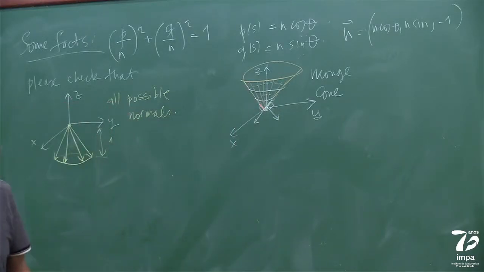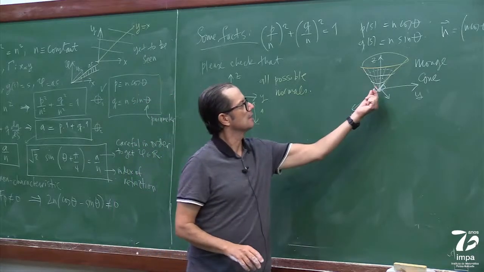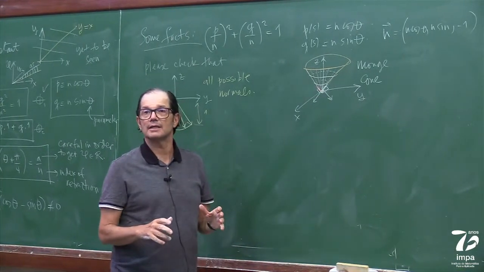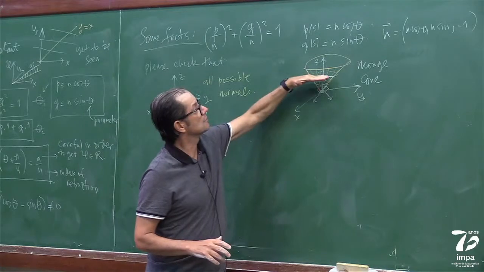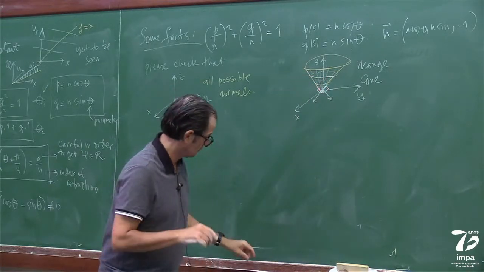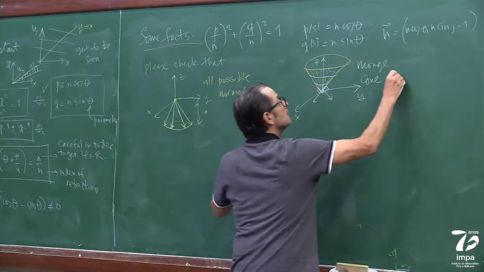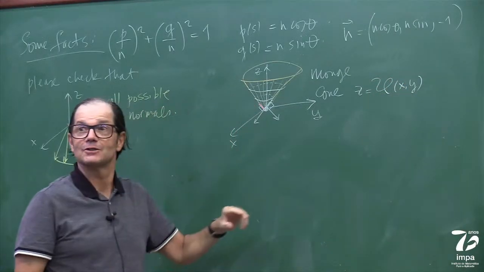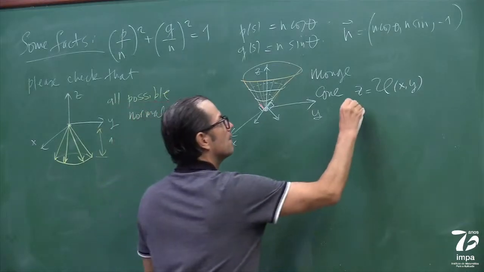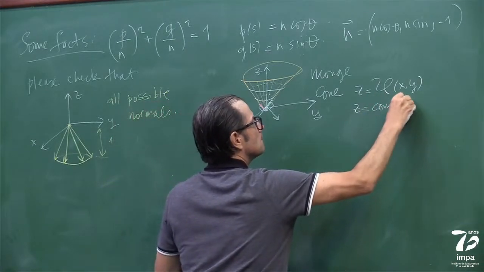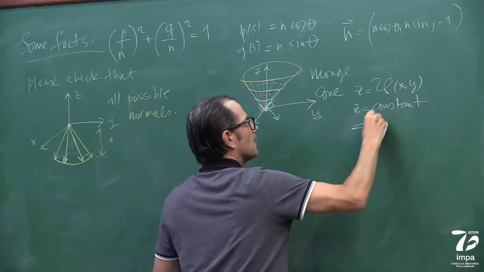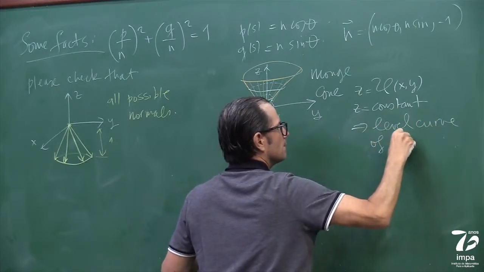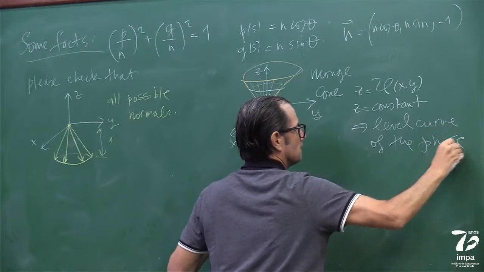So let me use both hands and maybe stop around here. If I have some information here, and this is the light cone, and I do level curves of the phase, remember here that's the solution, so this implies level curve of the phase.